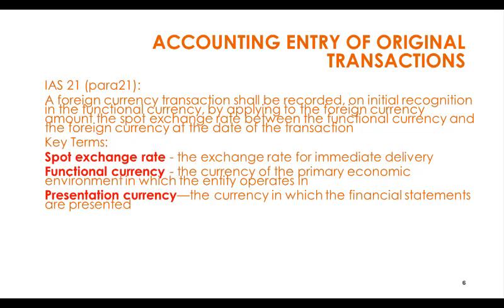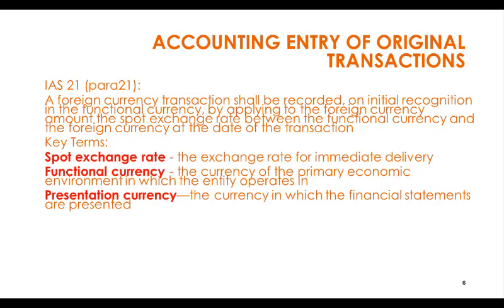For journal entry, we need to remember these three terms. The first one is spot rate or spot exchange rate. This is the exchange rate for immediate delivery. So for example, if you're buying goods now, the exchange rate prevailing for this period will be the one used in measuring the transaction if it is using the current exchange rate.